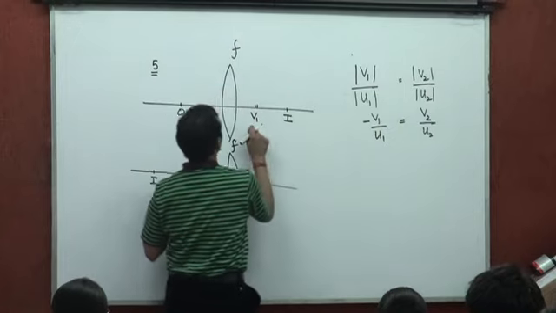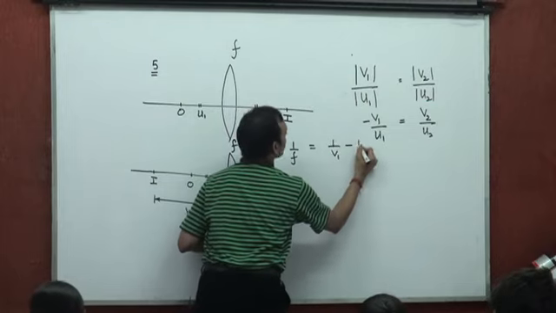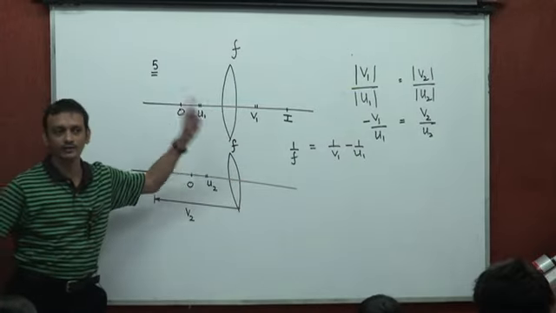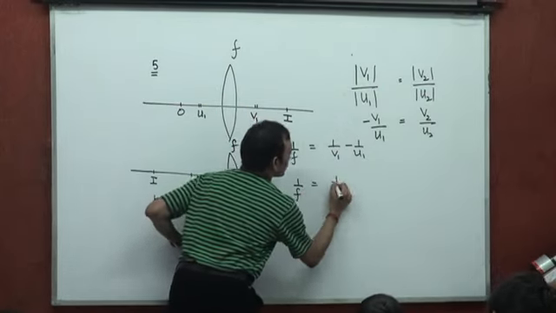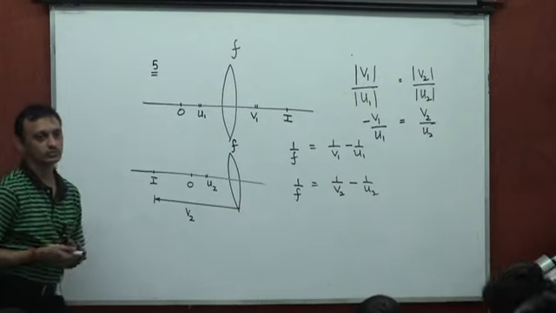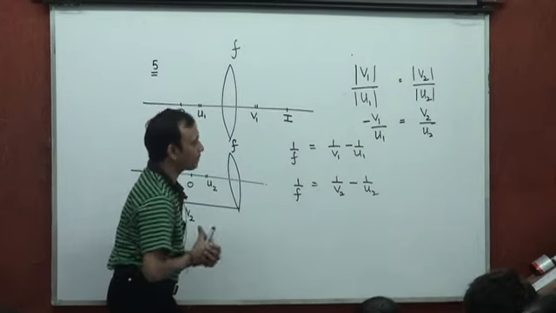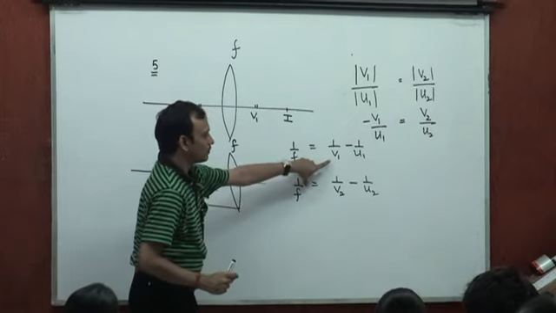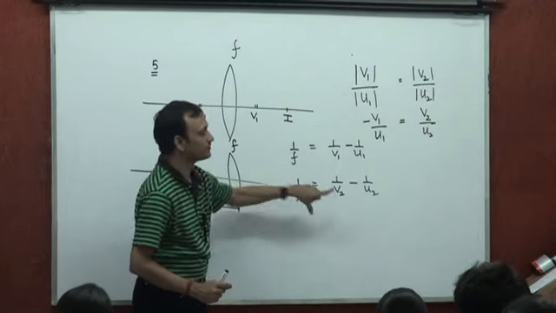Now, for the first case, 1 by f would be 1 by v1 minus 1 by u1, where the signs are already built into it in v1 and u1. And for the second case, 1 by f is 1 by v2 minus 1 by u2. Right? See, what I do is, I don't need v1 and v2.